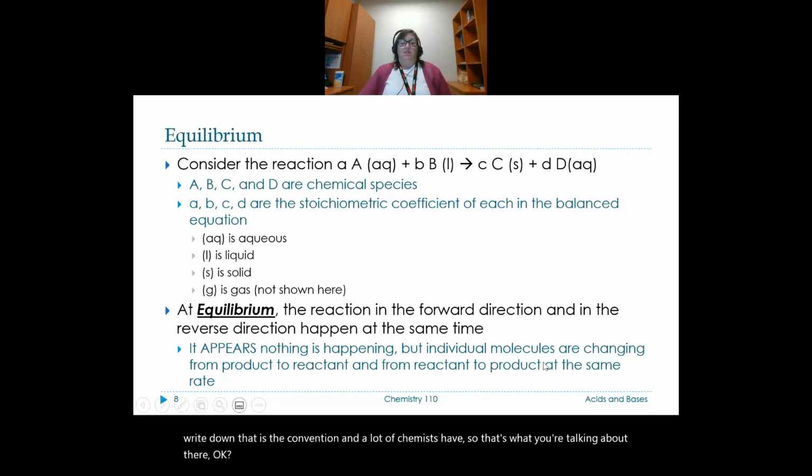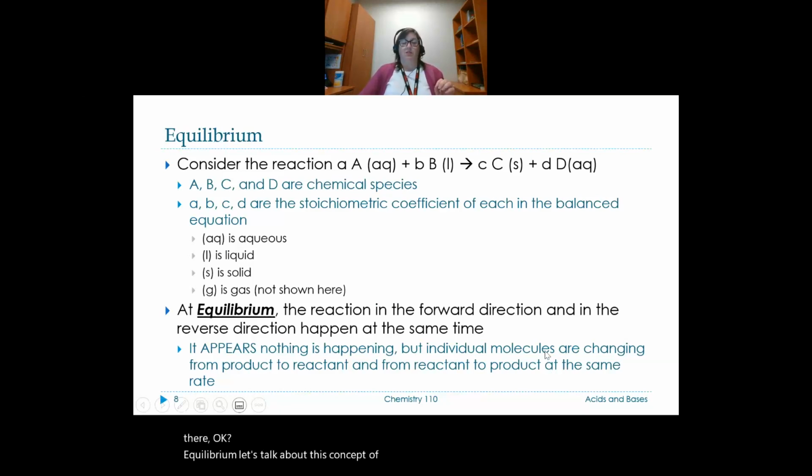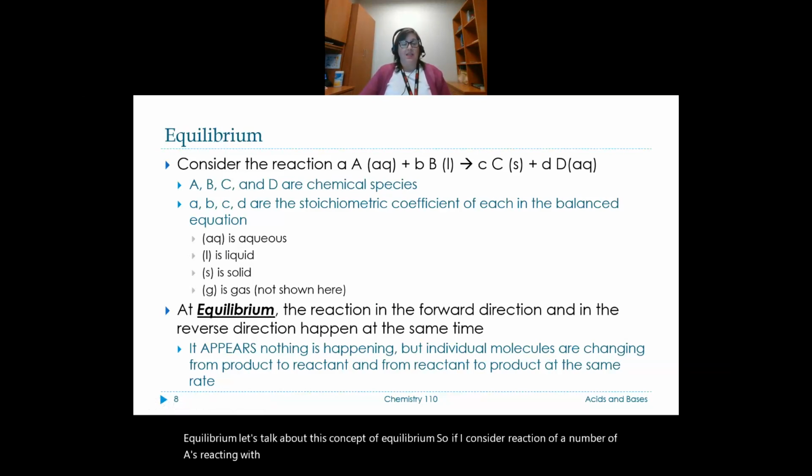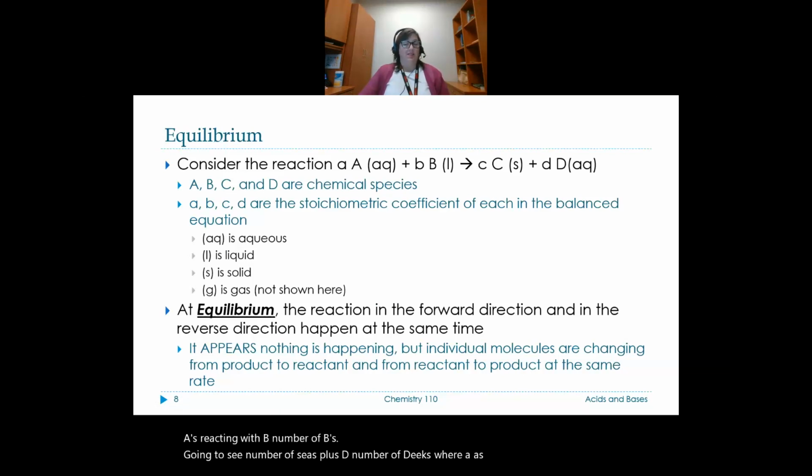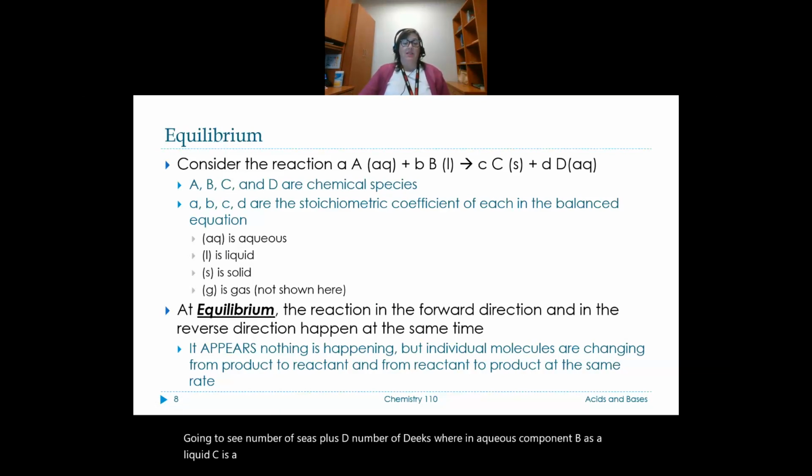Equilibrium. Let's talk about this concept of equilibrium. So if I consider the reaction of a number of A's reacting with b number of B's going to c number of C's plus d number of D's, where A is an aqueous component, B is a liquid, C is a solid, and D is aqueous. A, B, C, and D are the chemical species.